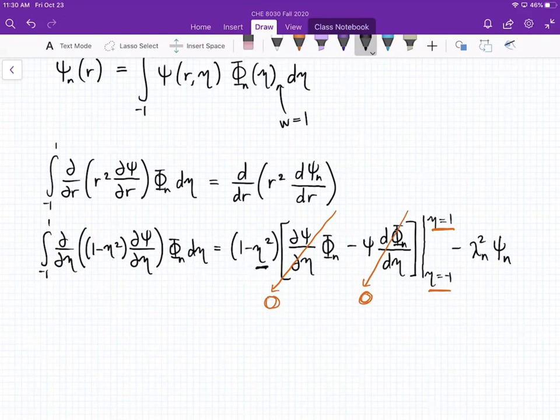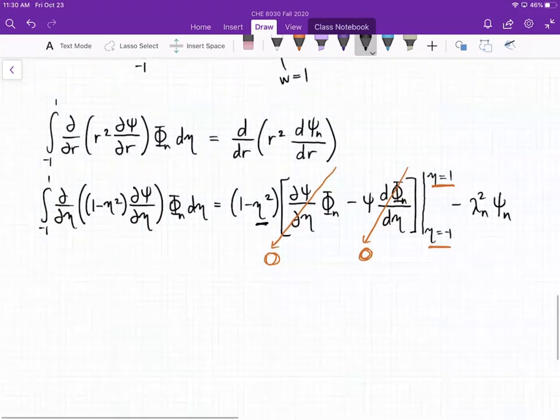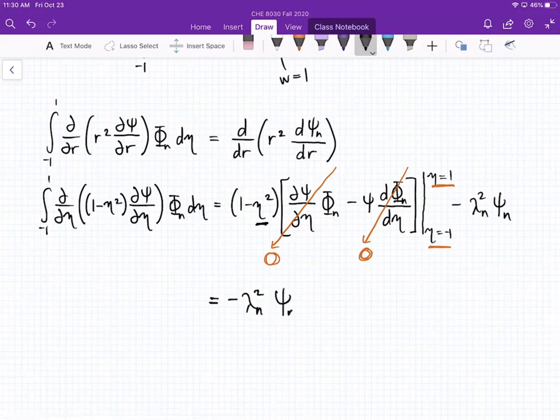But if that 0 is for some reason multiplying a non-finite number, then that would be an indeterminate. So just knowing that the temperature gradient is finite at eta equals -1 and 1, and the temperature is finite at eta equals -1 and 1 causes those terms to go away. And I'm simply left with the negative of my eigenvalue squared multiplied by my transformed variable, which I could also write as -n times n plus 1 multiplied by my transformed variable.